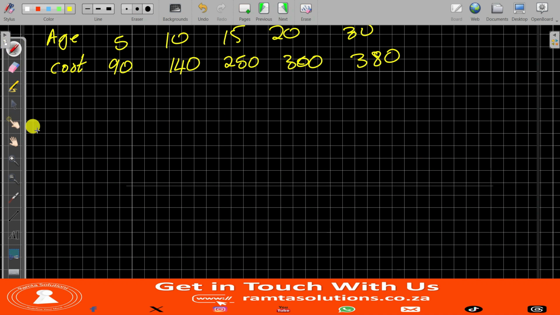So when we draw this, let's see our scale. We said we will let this be x and this be y, right? So x, I will let it vary with 5, and y, letting it vary with 50. Maybe 100 would do.